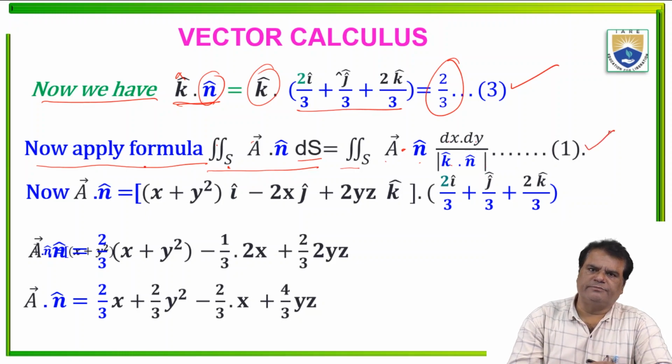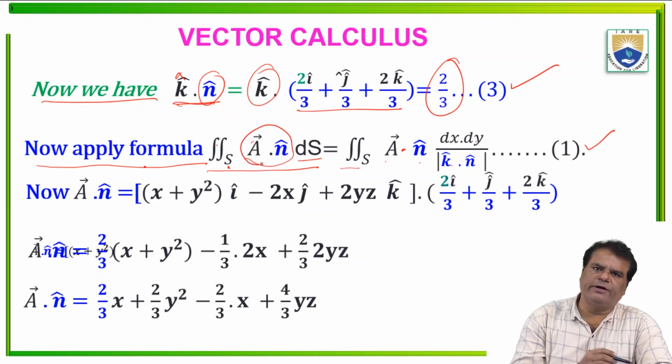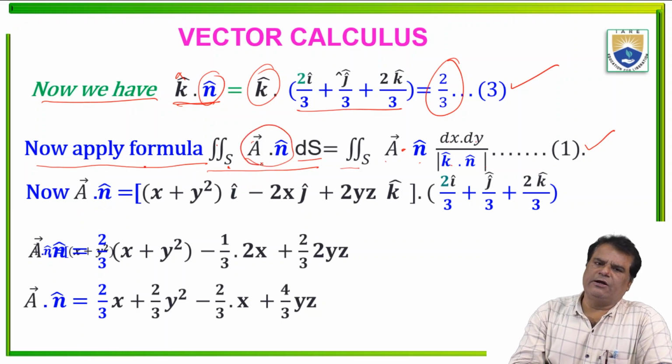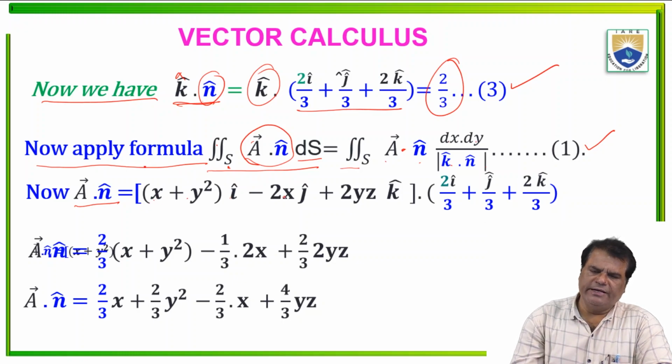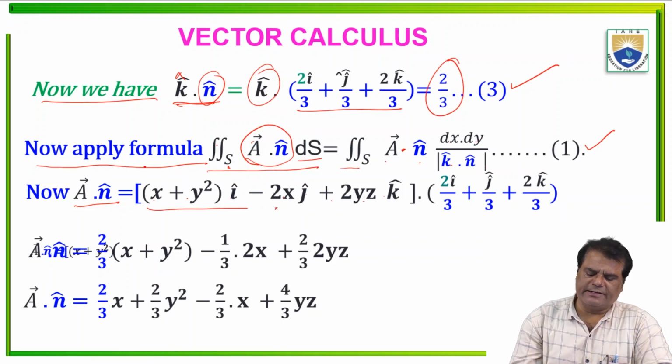This is equation 1. Now first of all we find A dot n cap. So for A dot n cap, we apply the formula here. This is equal to the value of A, which is (x plus y squared) i minus 2x into j plus 2yz k. This is the A vector.